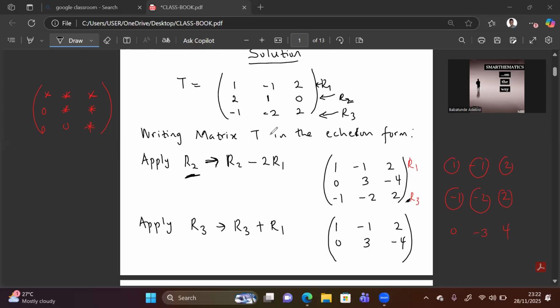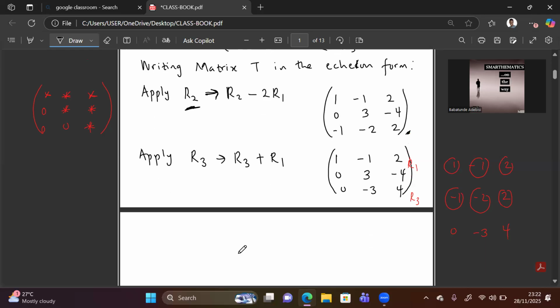So I'm having 0, minus 3, and 4. Okay, I'm not yet there, though it's now looking like I already have 0, 0 zeros on that one, so I'm almost there.